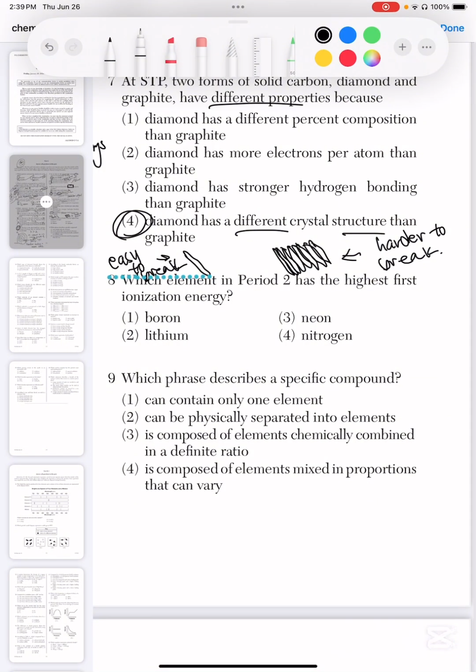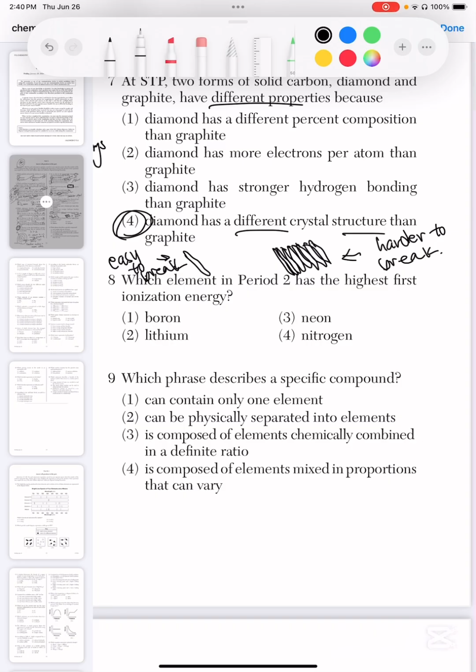And then it says, which element has the highest first ionization energy? Okay, so this one you can just look in the reference table. Pretty sure it's table S. Yep, it's table S. So period 2 would just be, horizontally, the one that starts with lithium.